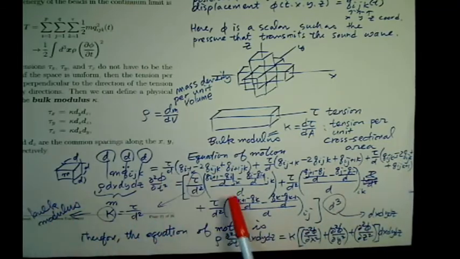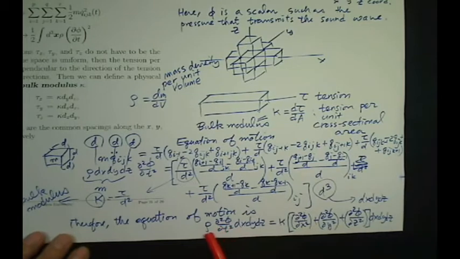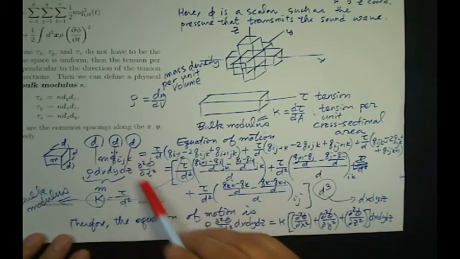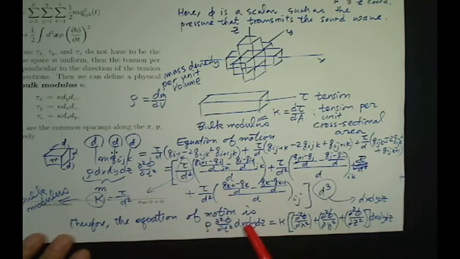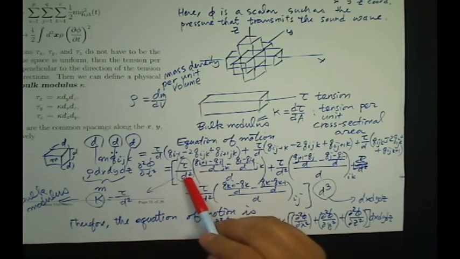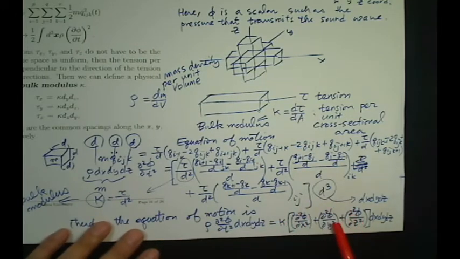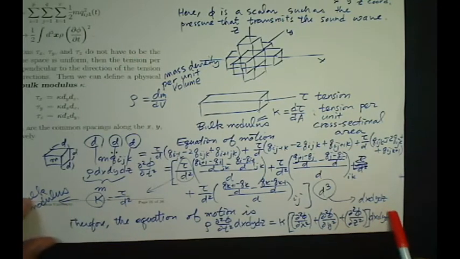Therefore, we end up with the equation of motion to be rho times a double time derivative of the field and volume element. This is kappa, bulk modulus, and Laplacian of time-dependent field and volume element.